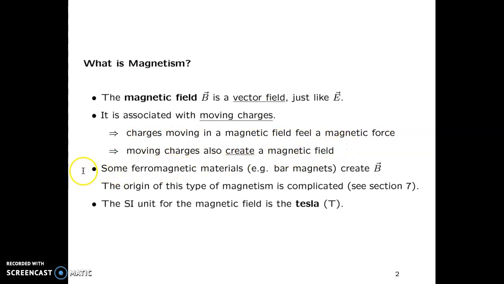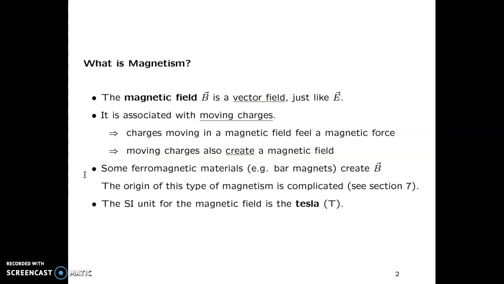Now, the kind of magnetism you're most familiar with, for example, bar magnets, a piece of magnetized metal that will stick to your fridge, for example, is a kind of magnetism known as ferromagnetism. So those are ferromagnetic materials. The origin of this type of magnetism is actually very complicated.